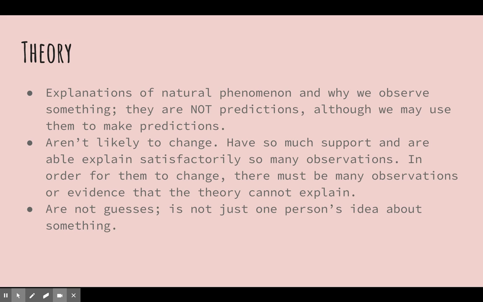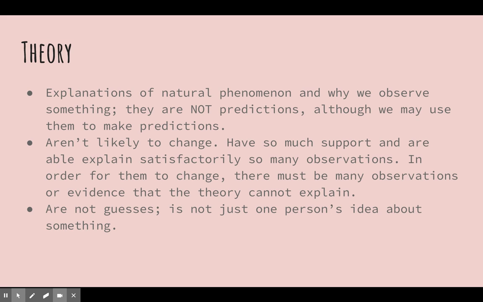Theory is an explanation of natural phenomenon and why we observe something. They are not predictions, although we may use them to make predictions. So as a prediction, that's kind of like that educated guess we were talking about. You may use a theory to support your prediction, but a theory itself is not a prediction.